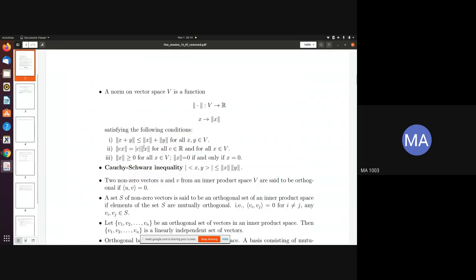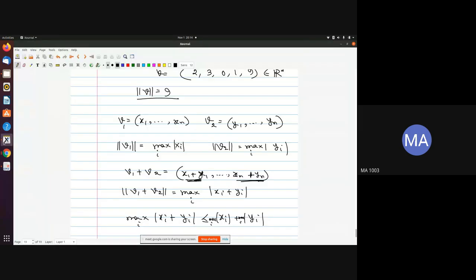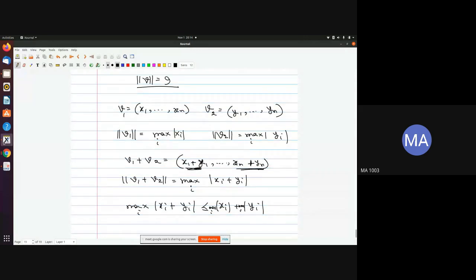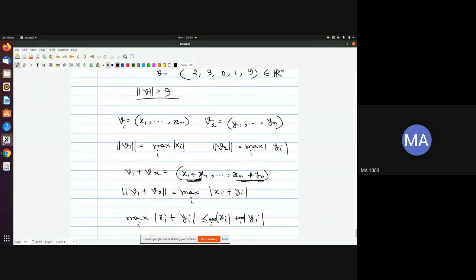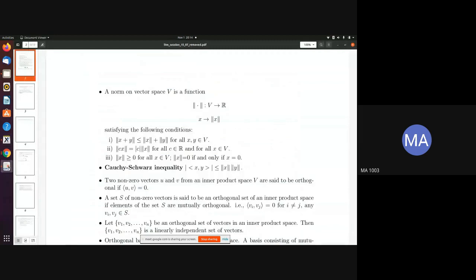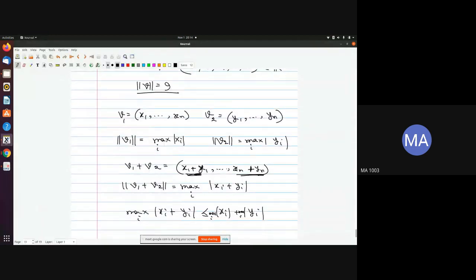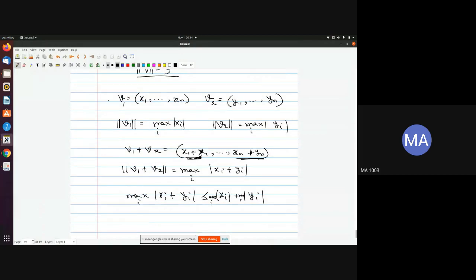Norm of v1 plus v2 is less than or equal to norm v1 plus norm v2. So the first property will hold. Similarly, if you take the second one, the scalar, suppose I have this one, say v as x1 to xn.